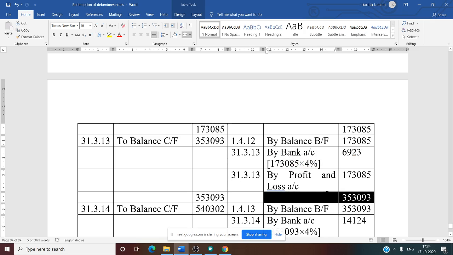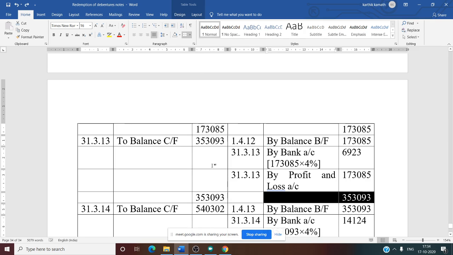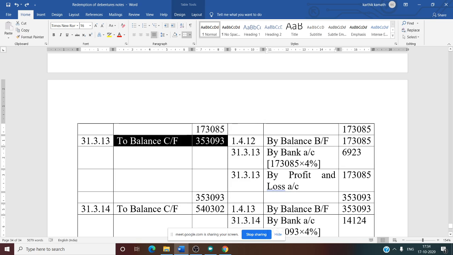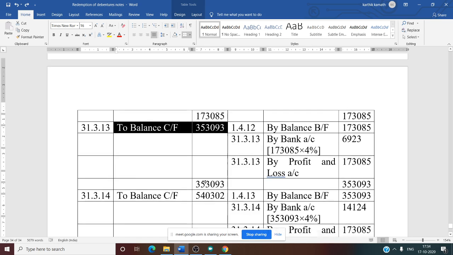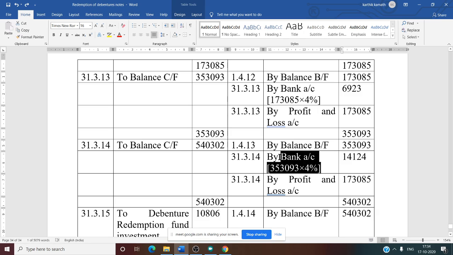Then the total of the second year is the same. Close the second year, that is 3,53,093. Now the third year, again we need to do the same procedure. On the opening balance, calculate interest. The interest value is 14,124, that is on 3,53,093 into 4%.